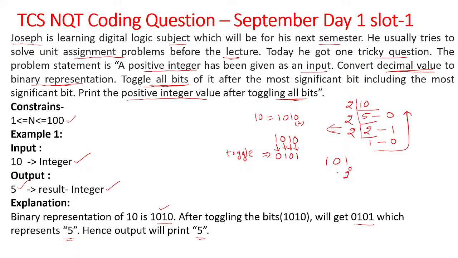Multiply each bit with the powers of 2. 1 multiplied by 2 power 2, plus 0 multiplied by 2 power 1, plus 1 multiplied by 2 power 0. 2 power 2 is 4, 4 ones are 4, plus 0, plus 1, so the answer is 5. You should know this mathematics. If you know this mathematics, then only you can write a program for this.